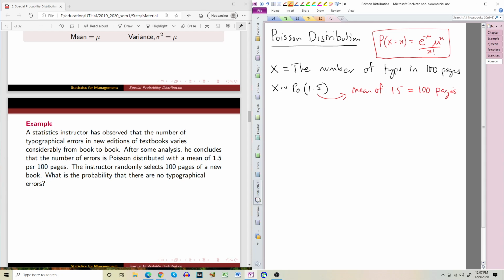Okay, so this is the condition, only in 100 pages. For 100 pages the mean is 1.5. If the pages increase or decrease, the mean also we have to adjust, decrease and increase. So for the time being we leave it like this.